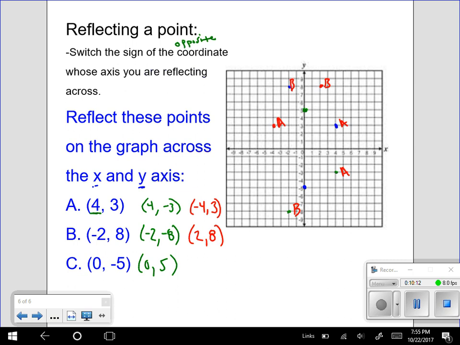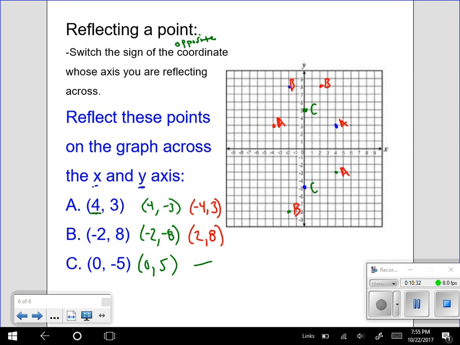But it is on the y-axis, so can I reflect it across the y-axis? I cannot, so that's all I would have for my C's. I can only reflect it across the x-axis because you can't really reflect something that's already there.